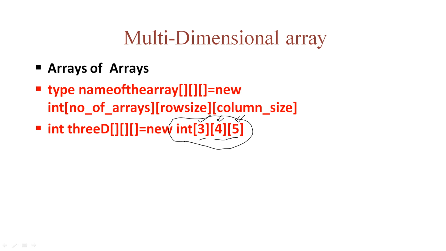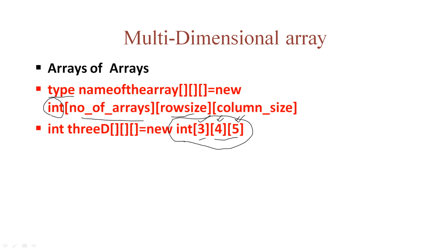The syntax is similar to our regular arrays. First, you declare the type, which type of elements you want to store: string, integer, character, double. Then the name of the array, and next we allot the memory with new and the type again, followed by the number of arrays, row size, and column size.